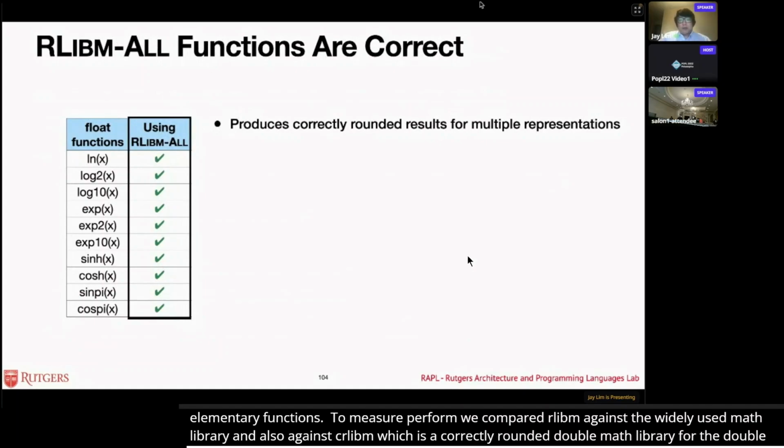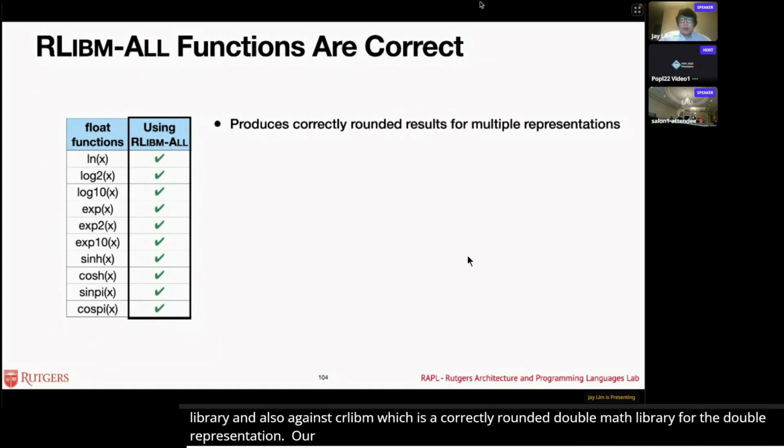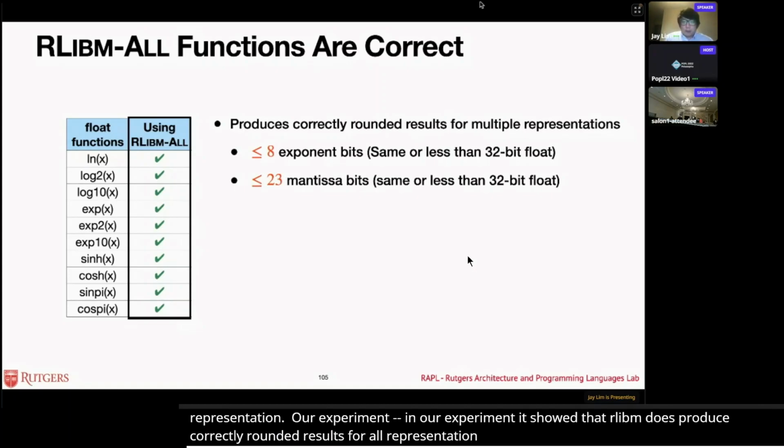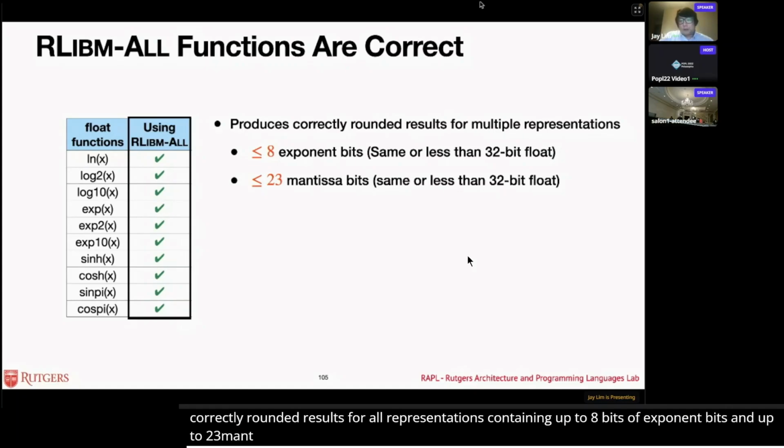Our experiments showed that RLibMall does indeed produce correctly rounded results for all representations containing up to 8 exponent bits and up to 23 mantissa bits. So this would be all representations up to the 32-bit float representation.